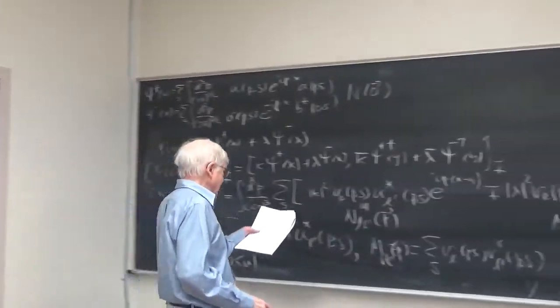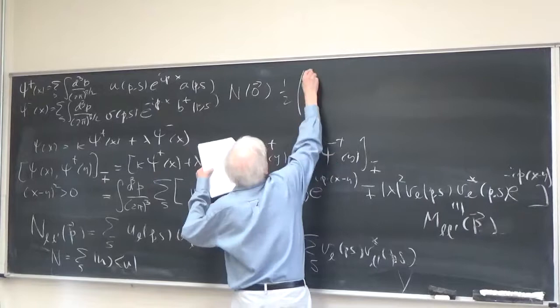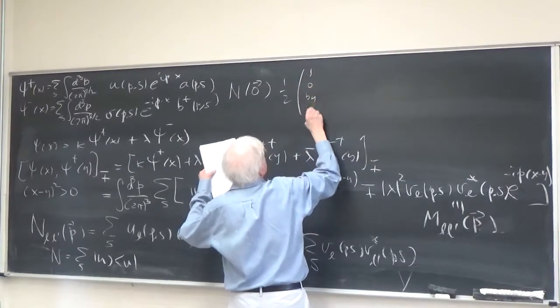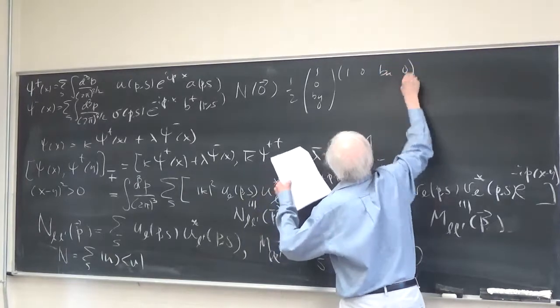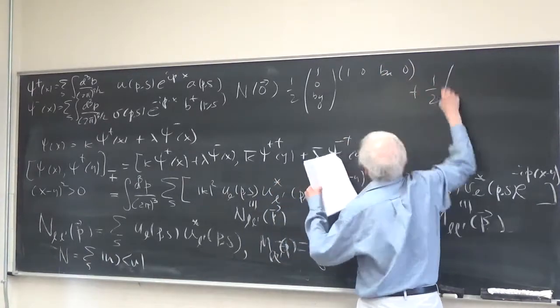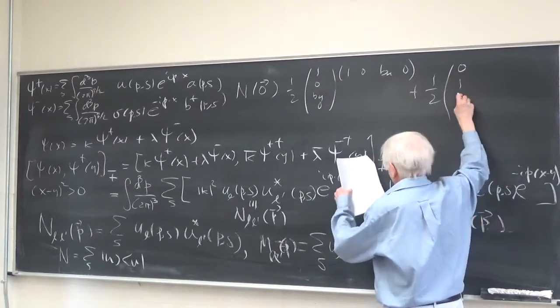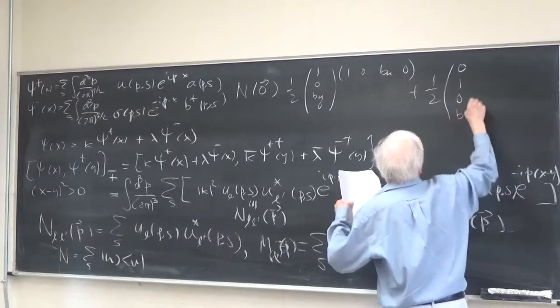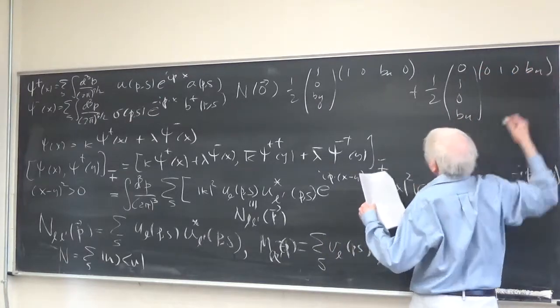And so what we get is a half (1, 0, 0) BU times (1, 0, 0) BU plus a half, and the other one is (0, 1, 0) BU times (0, 1, 0) BU.